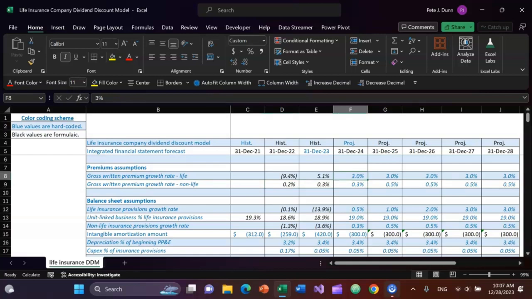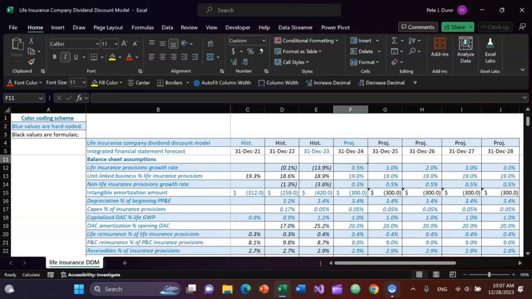Gross written premium growth rates for both life and non-life businesses, the life insurance provisions growth rate, how much of the life insurance provisions are unit linked, so I'm assuming 19%, property and casualty provisions growth rate, intangible amortization, I straight line that's equal to F as in Foxtrot 15.